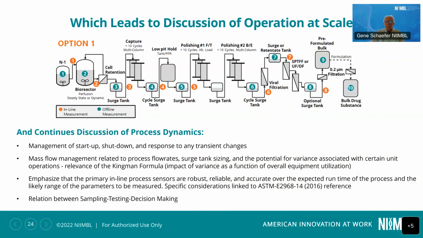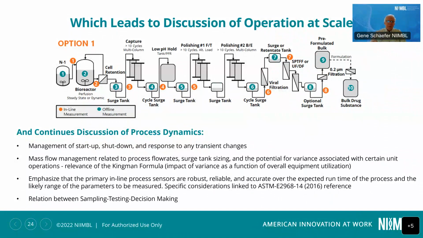Mass flow management related to process flow rates, surge tank sizing, potential for variance associated with certain operations, again, as came up in the previous question. As also good reference to the Kingman formula. Thank you, Jeff Baker, for bringing that up, which really comes out of queuing theory and talks about the impact of variance as a function of overall equipment utilization. And at some point, if you try to push utilization too high, small variations can make things very unstable.